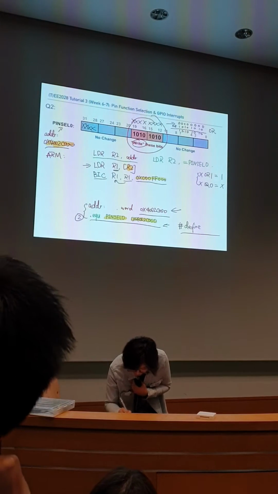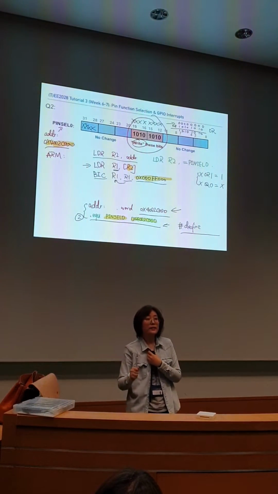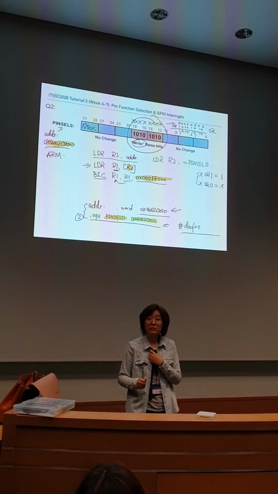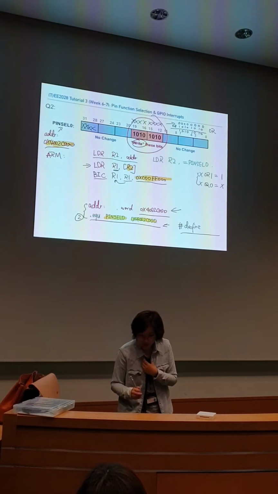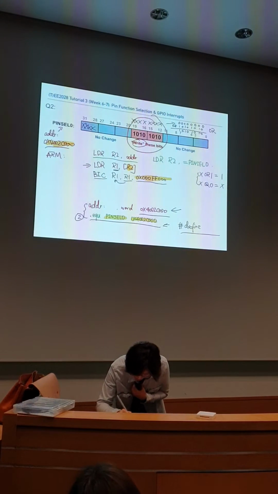Whenever you write a 1 in this value, the bit at that location will be cleared. That's the way of BIC. Can you see that? This pattern is basically 0, 0, 0, 0, 0, 0, 0, 0, and here is 1, 1, 1, 1, 1, 1, 1, 1.